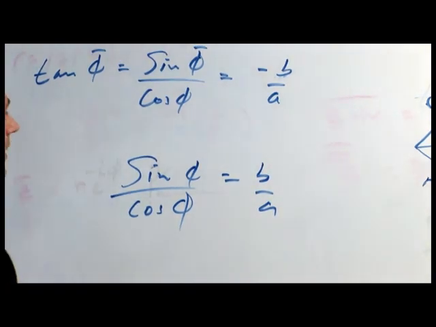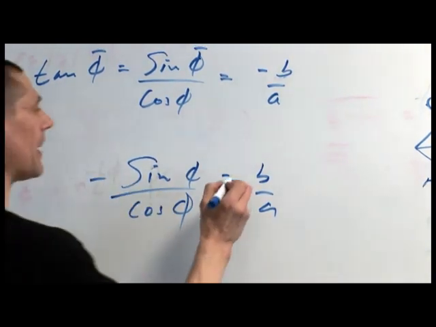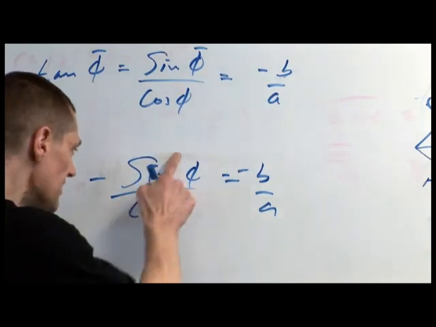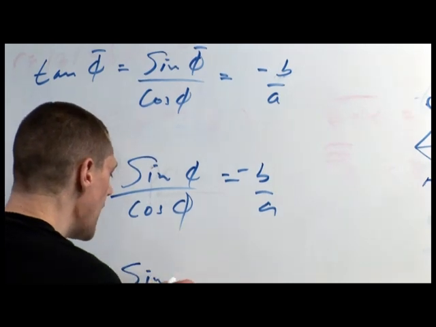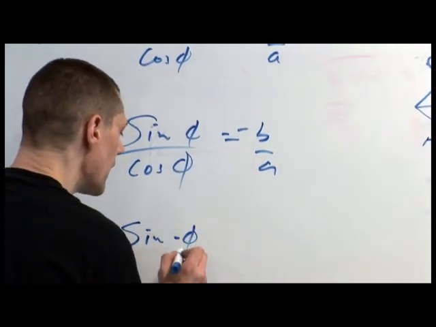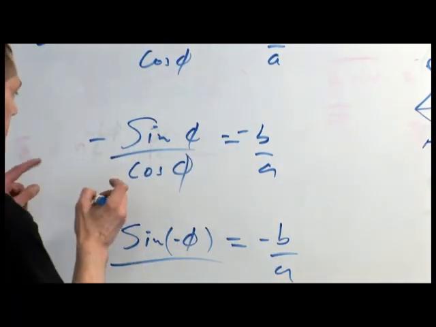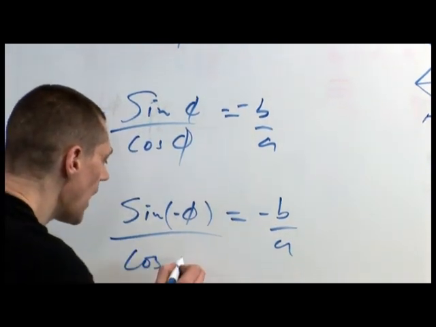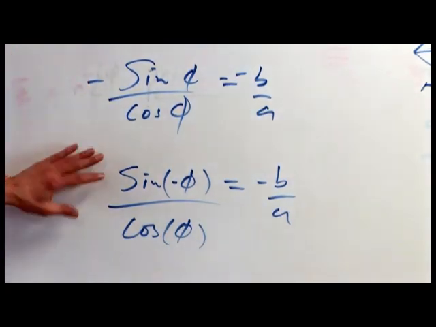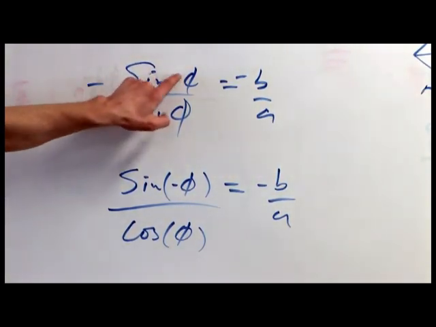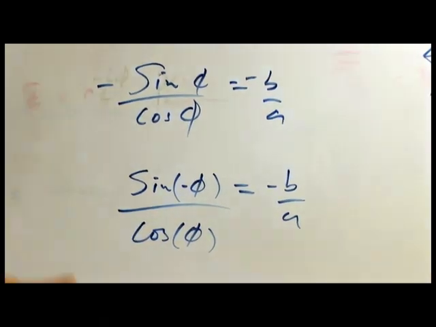That means I can multiply both sides by negative 1, right? It doesn't change anything. But this can be translated into the sine of negative theta over cosine theta being equal to minus b over a. I just multiplied both sides by negative 1, took the negative and drove it through the sine, which I can.